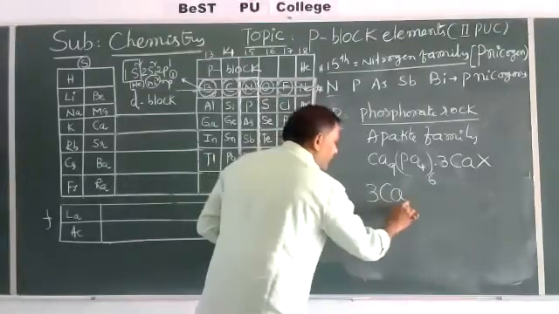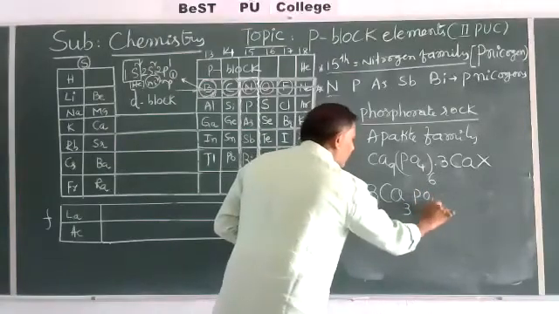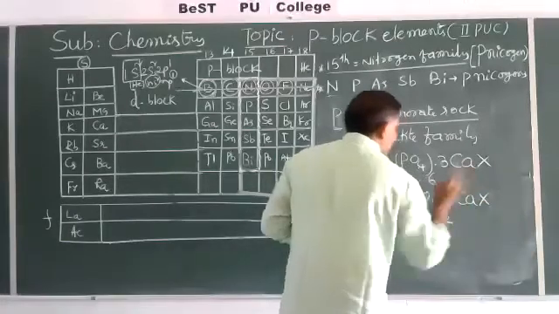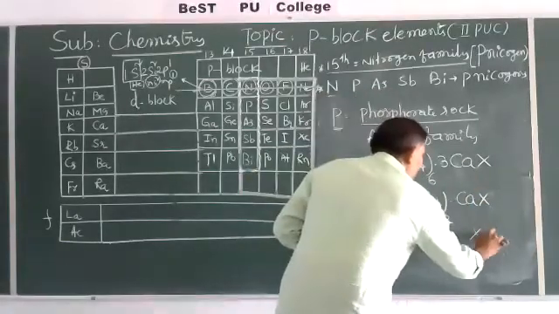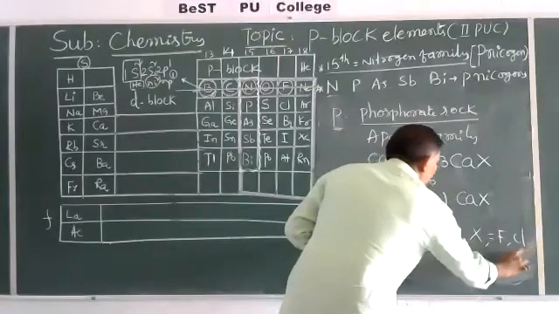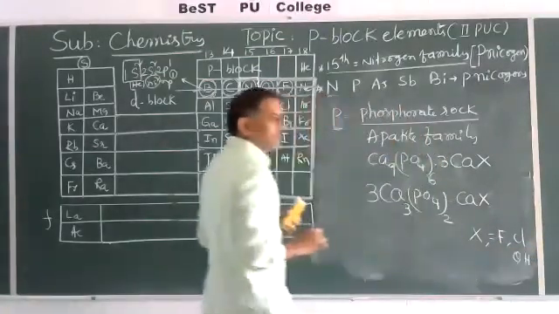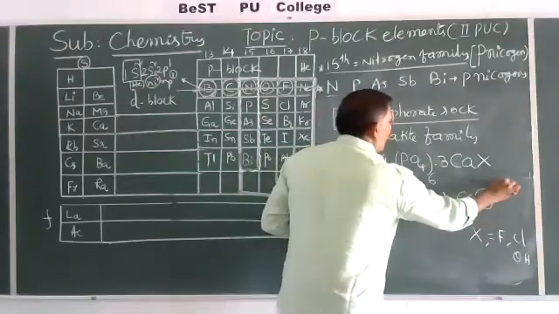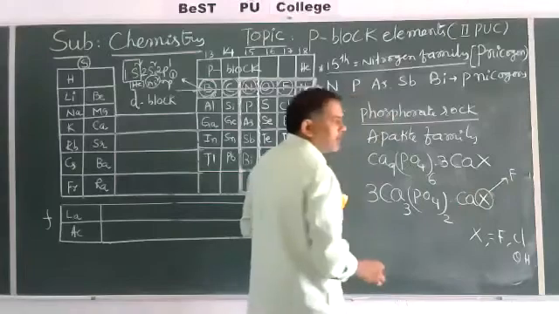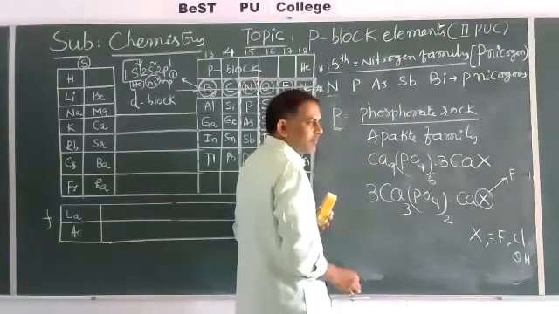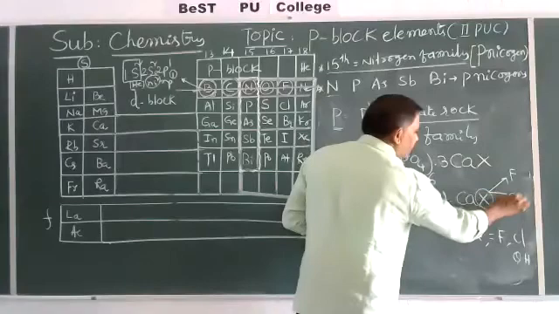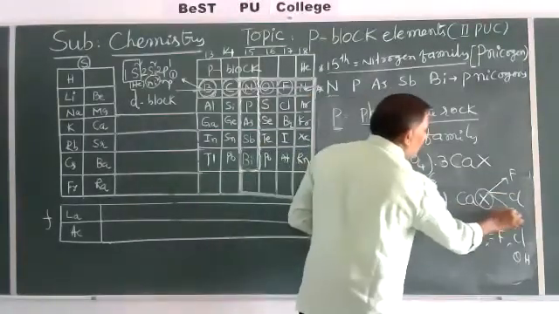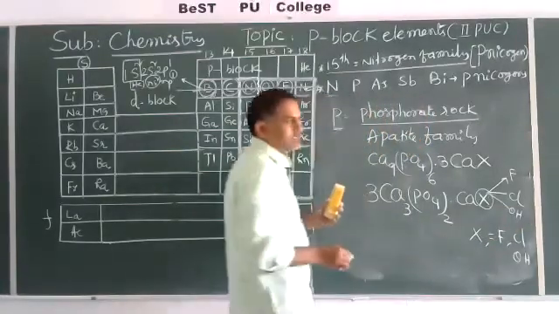Now your X is fluorine, chlorine or OH. If we take X as fluorine, it is fluoroapatite. If X is Cl, chloroapatite. If X is the OH group, hydroxyapatite.